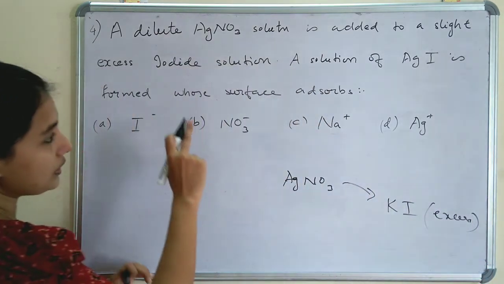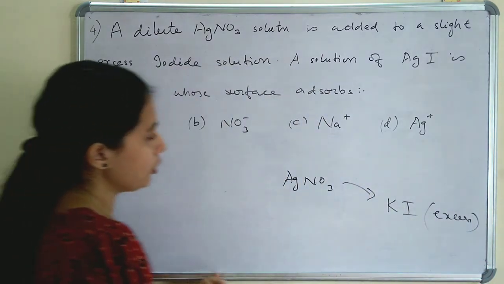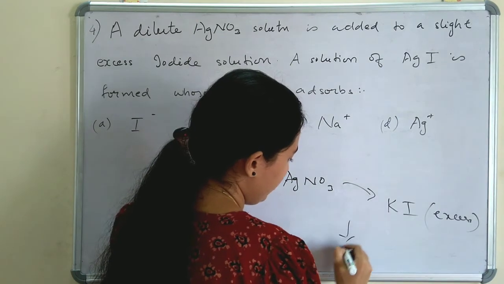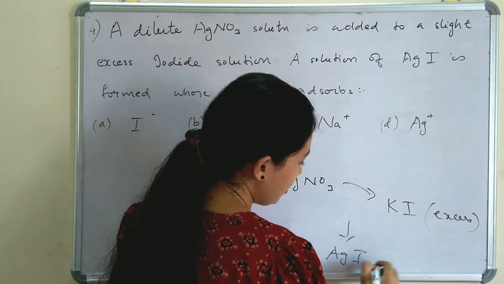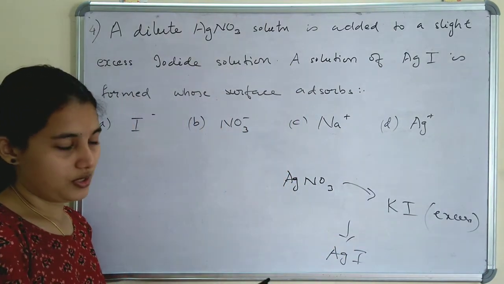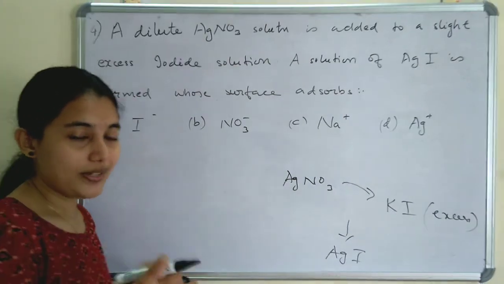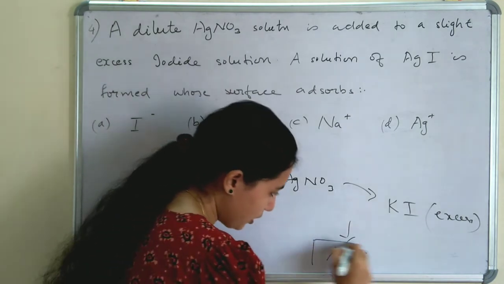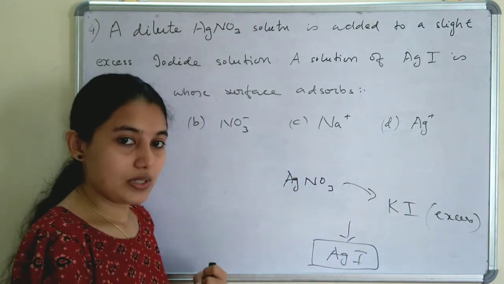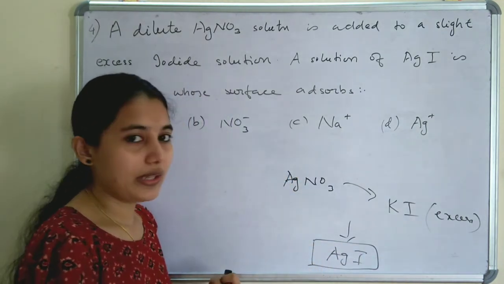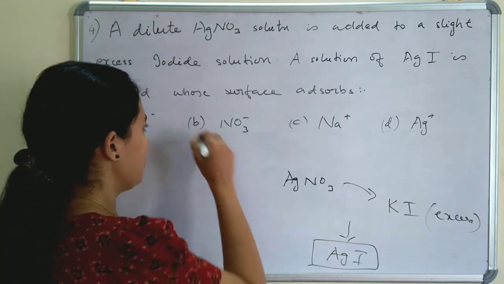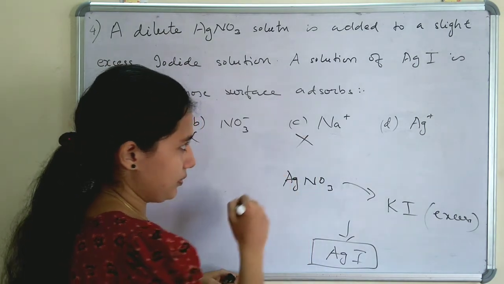Now the question is, AgI is formed. So on the surface, which ion is adsorbed? It will be either Ag plus or I minus. So this option is cancelled.